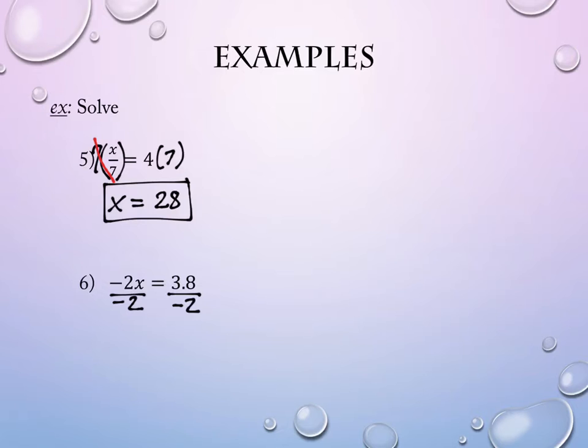The negative doesn't affect anything in terms of the operation I choose. I am left with, because these cancel, an x on the left. And then 3.8 over 2 does divide nicely because I'm dividing by 2. So what is 3.8 divided by negative 2? Yeah, and it makes sense that this would be in a decimal form answer because the question began in a decimal type question. Okay? So we have negative 1.9 on that one.